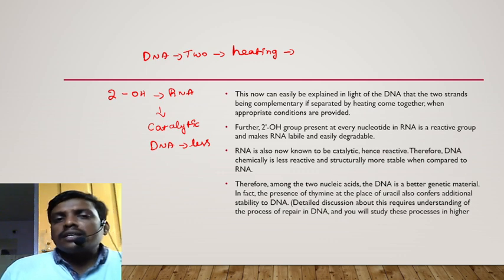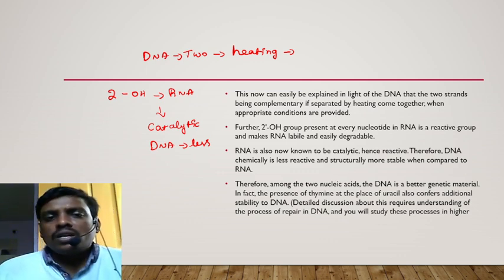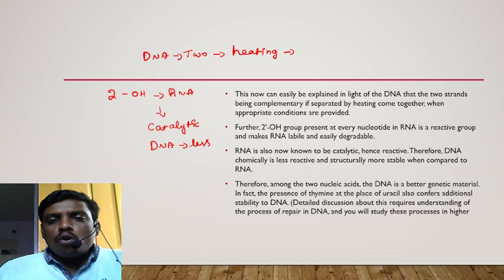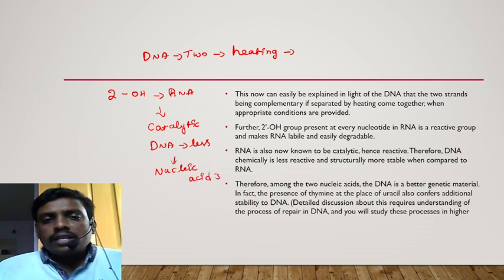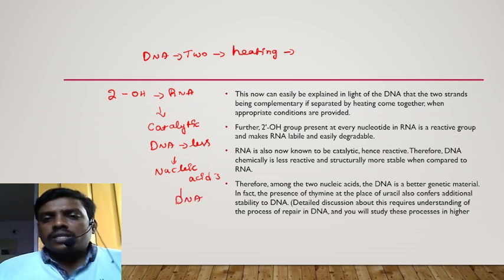As you know, RNA was the first genetic material, but it is very unstable because of its catalytic character and other characters. Therefore, among the two nucleic acids, DNA is a better genetic material.